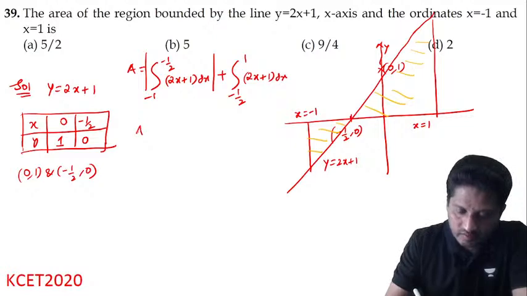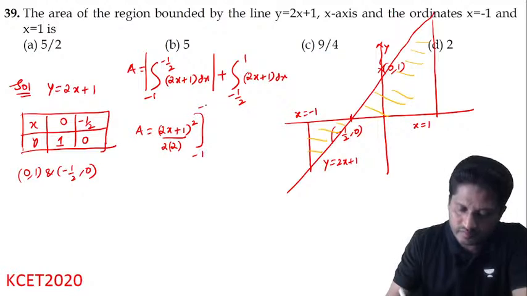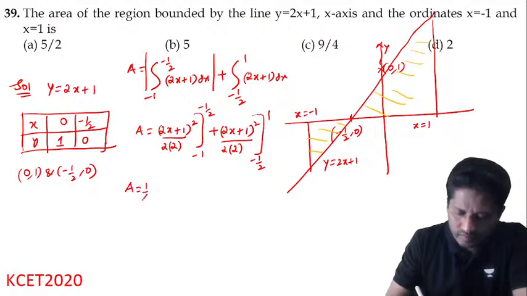This area is equal to integration of 2x plus 1, which is x square by 2 times 2 plus x, between the limits minus 1 to minus half. Again, the integration from minus half to 1. Area is equal to 1 by 4. If I substitute the upper limit, it is 0.